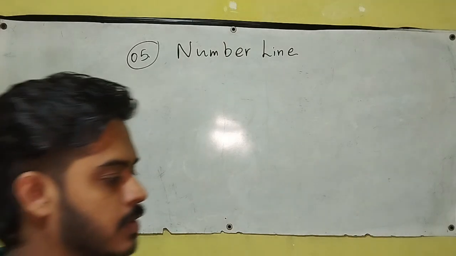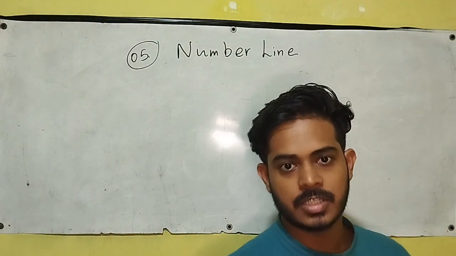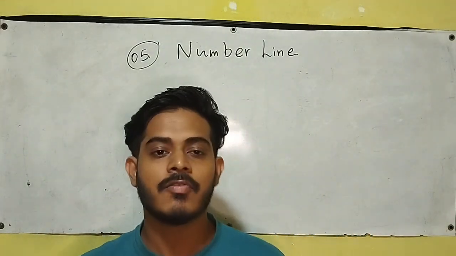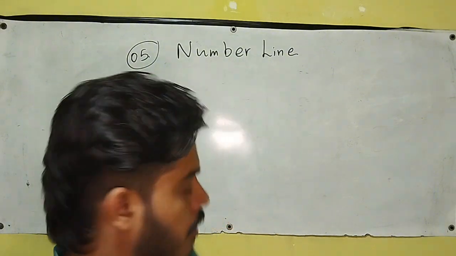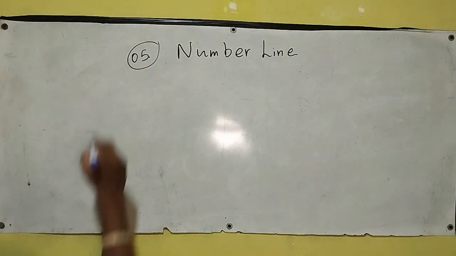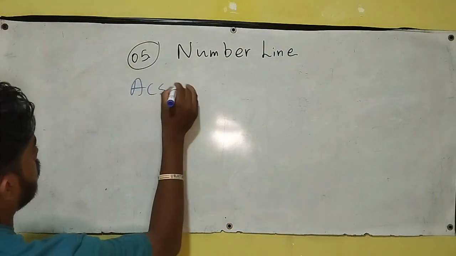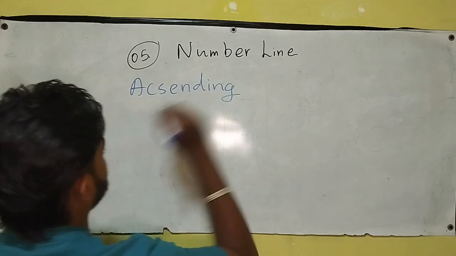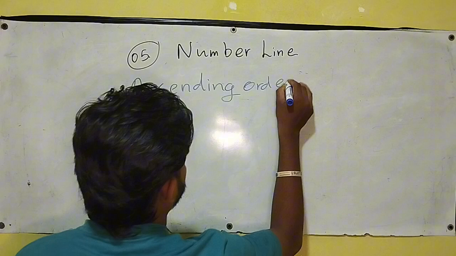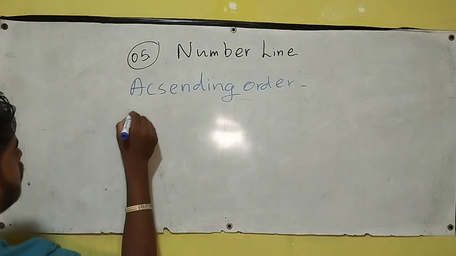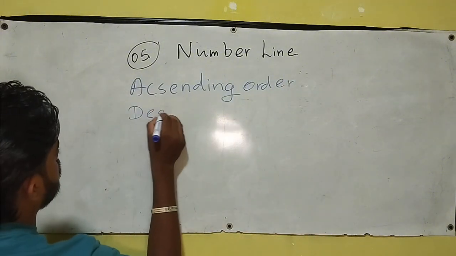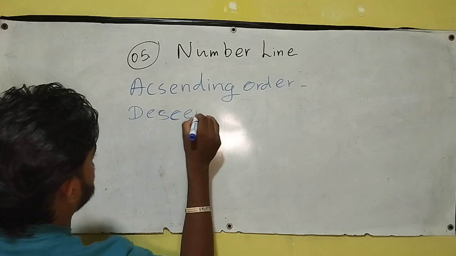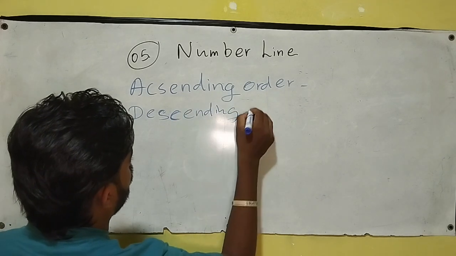Before the explanation, you have to know some words. Okay, here: ascending order, then next one, descending order.